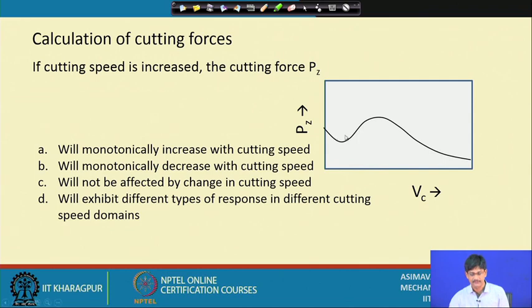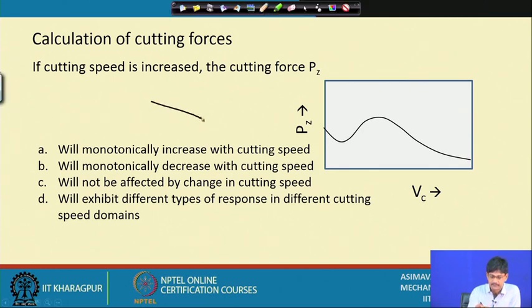However, after that the onset of the phenomenon of built up edge sets in. At very low speeds, built up edge is not there. When built up edge forms, it changes the behavior of the cutting tool in such a way that a positive rake is changed to a negative value of rake. Let us have a quick look at what actually happens.